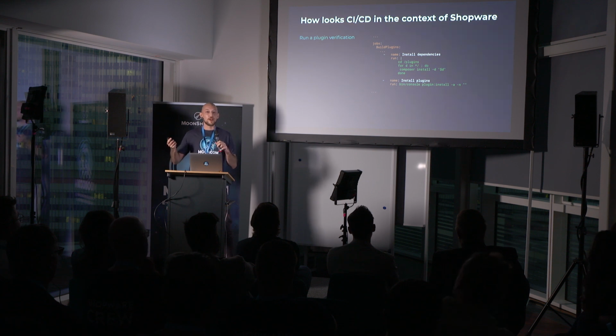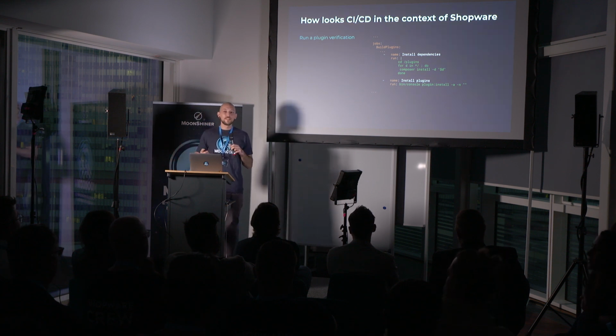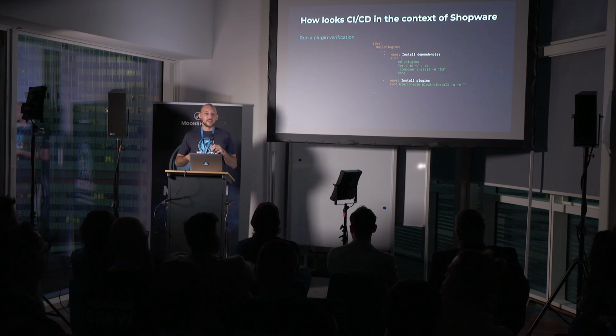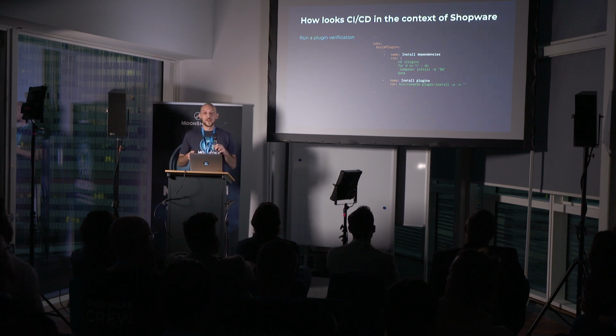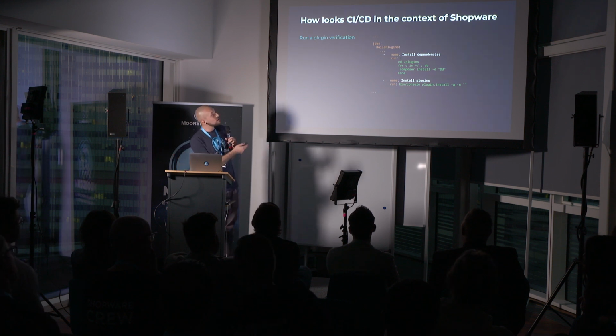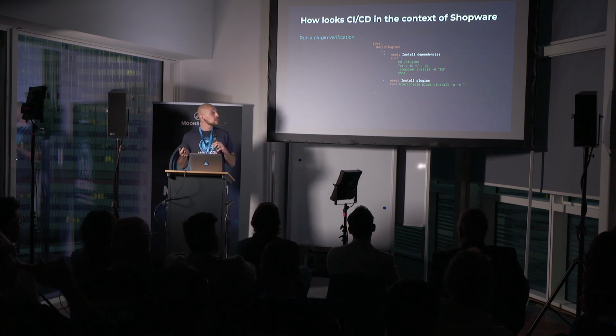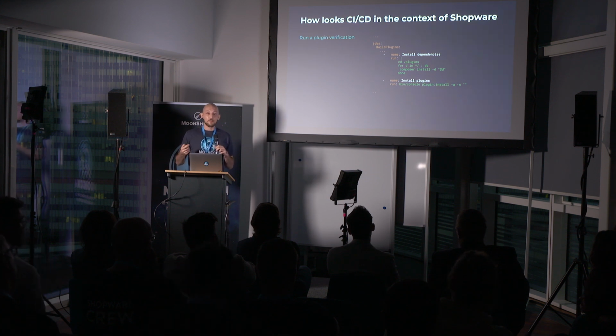This can happen for a number of reasons: faulty configurations, faulty data state, so if you have migrations and something is missing and not considered, then you will get errors. What you can do is run an action which installs the dependencies. You install everything for the plugins via Composer, and afterwards install the plugin. Then you can repeat the steps, so you really make sure you can install, uninstall, and update your plugins without any errors.